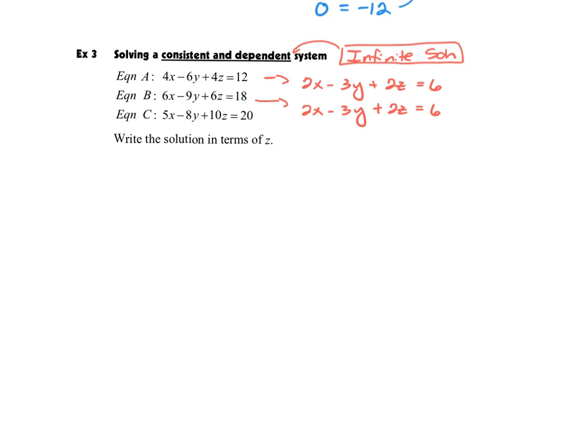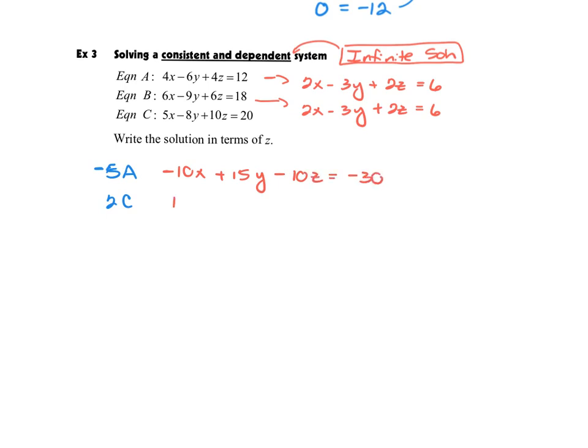So I'm going to take a negative 5 times equation A, and I'm going to take 2 times equation C. And when I do that, I get a negative 10x plus a 15y minus a 10z equals a negative 30.